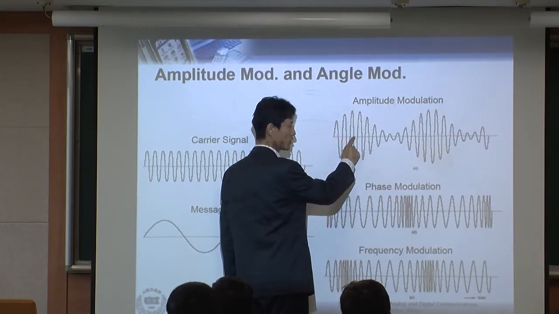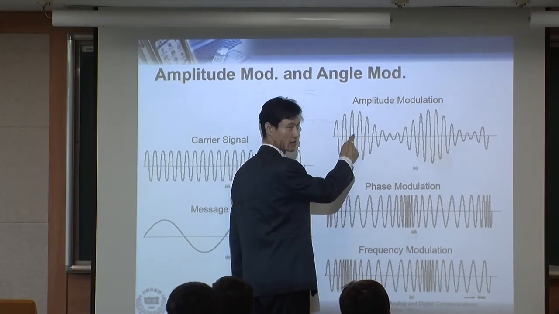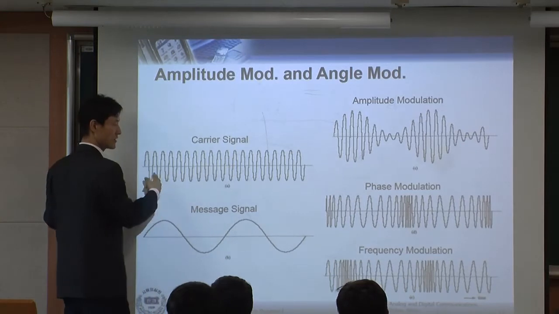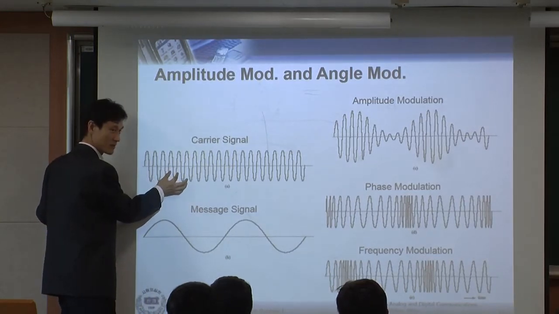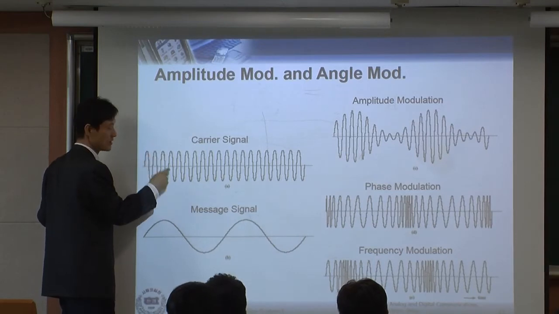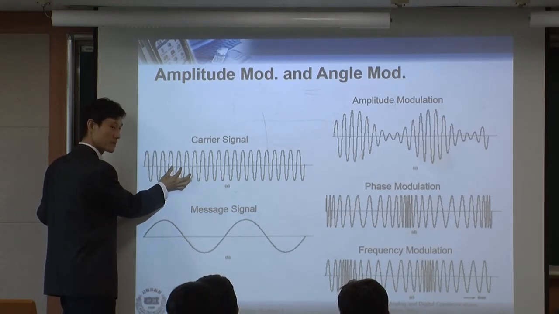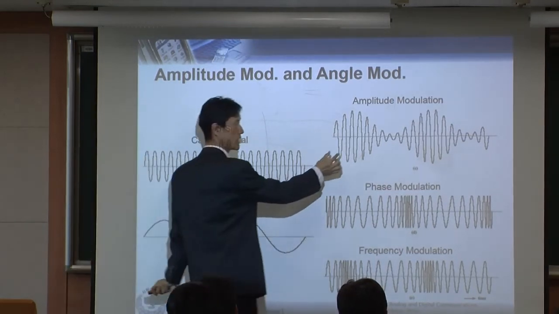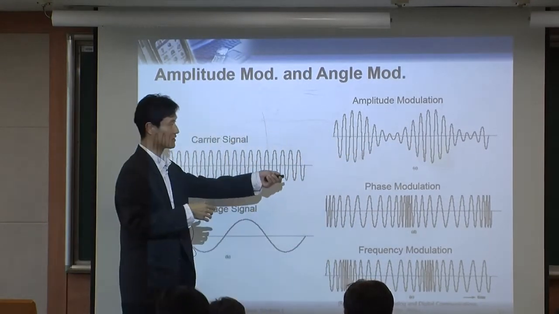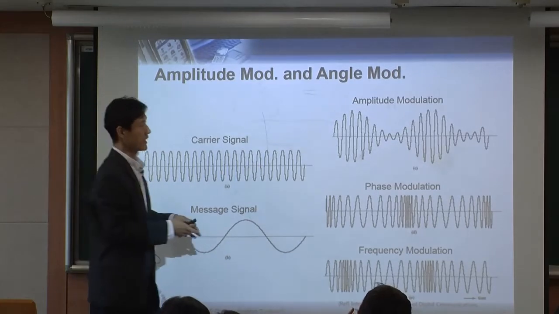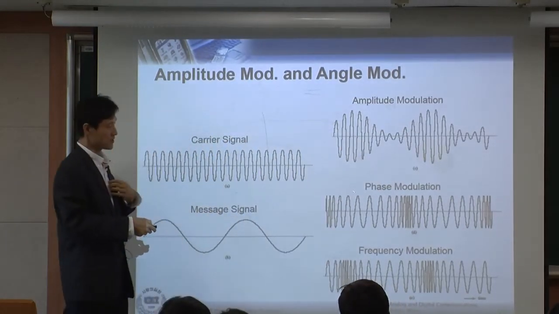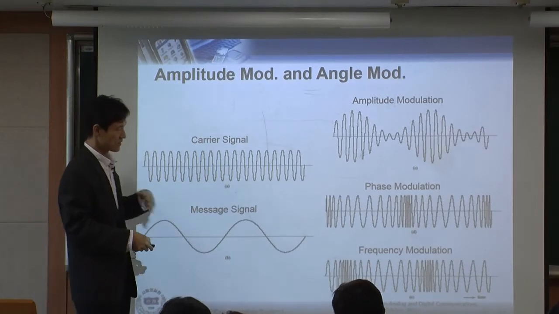These zero crossing points are all regular, because the original carrier is always like that, right? This single carrier has one frequency, the carrier frequency. So the wavelength is the same, so the frequency does not change. Only amplitude changes. Now let's look at the phase modulation and frequency modulation.